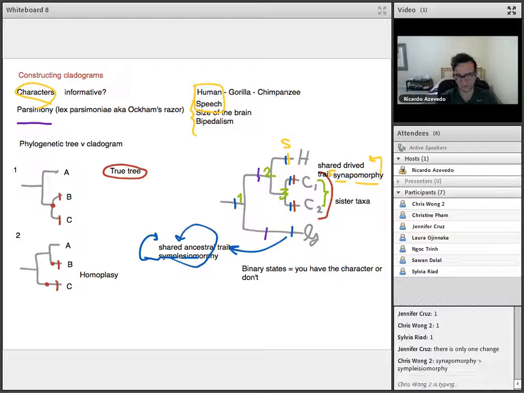So you have 2 changes versus 1, and that is preferable. Mind you, that doesn't tell you if that's actually what happened.